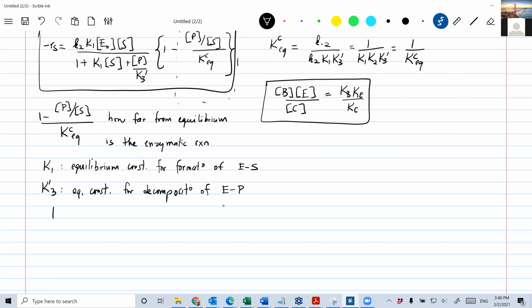So that's why we kept calling it K3 prime. But what we can do is say that essentially K3 is 1 over K3 prime.